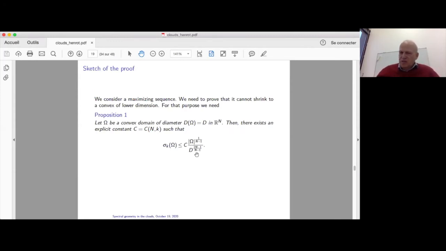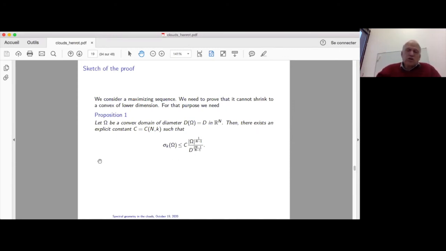I consider a maximizing sequence. I want to prove that the maximizing sequence converges to a convex open set. Like in one of my previous proofs, I need to prove that my maximizing sequence does not shrink to a flat convex set, because the diameter constraint does not prevent this kind of behavior.